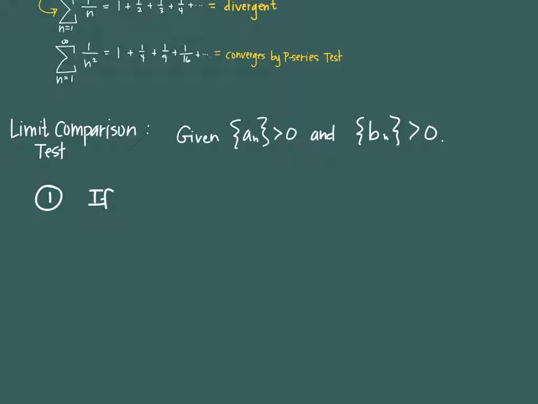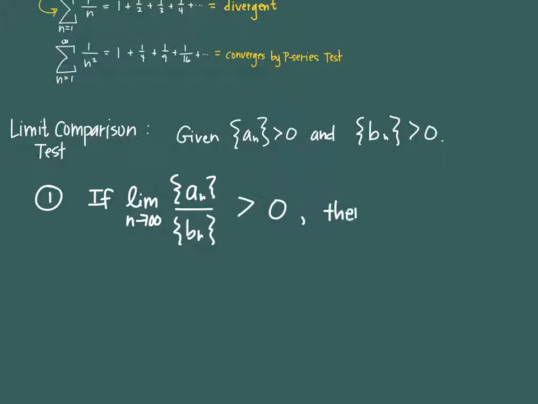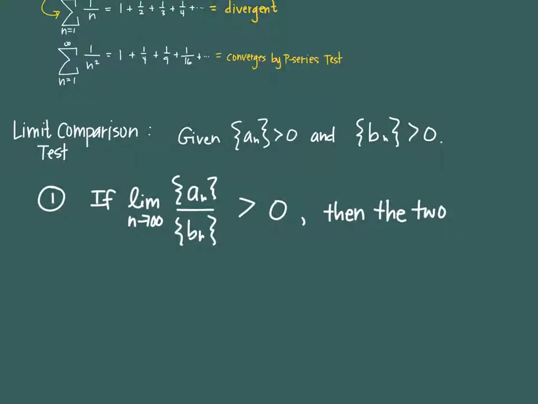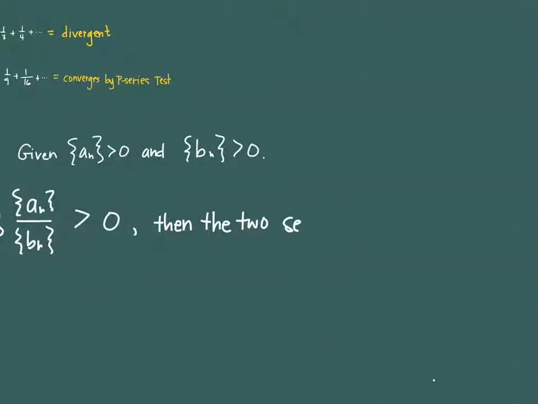So you have three options. If the limit, as n approaches infinity, of A sub n compared to B sub n, you've got some possibilities. If they're both positive and their limit turns out to also be positive, then the two series share convergent behavior.